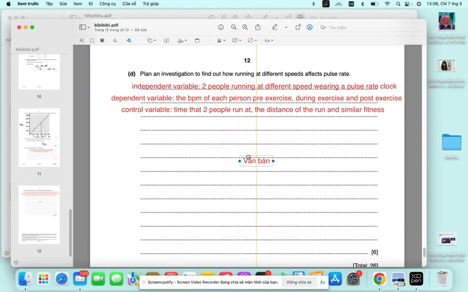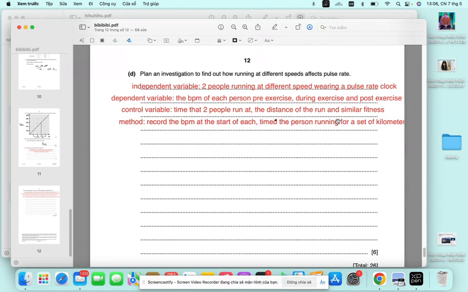So we have method. We would have our method plan. We record the BPM at the start of each. We time the person running for a set number of kilometers.